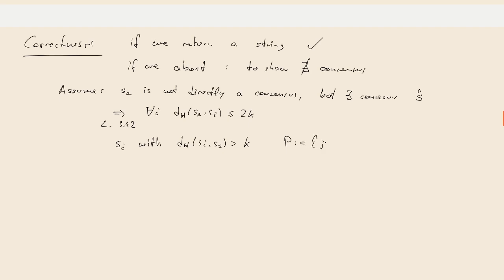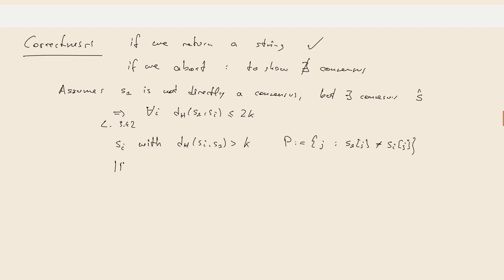So that's all J, so that S1 at position J is not SI at position J. I'm writing these strings as arrays to not get into the position to use upper indices or something else. I guess the notation is clear enough if I comment on it.